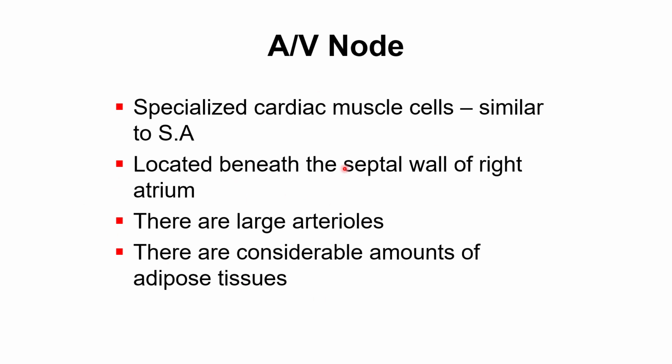Again, the location is important: beneath the septal wall of the right atrium. If you want to ablate it, you have to know where to find it. You can find also arterioles around it and some adipose connective tissue.